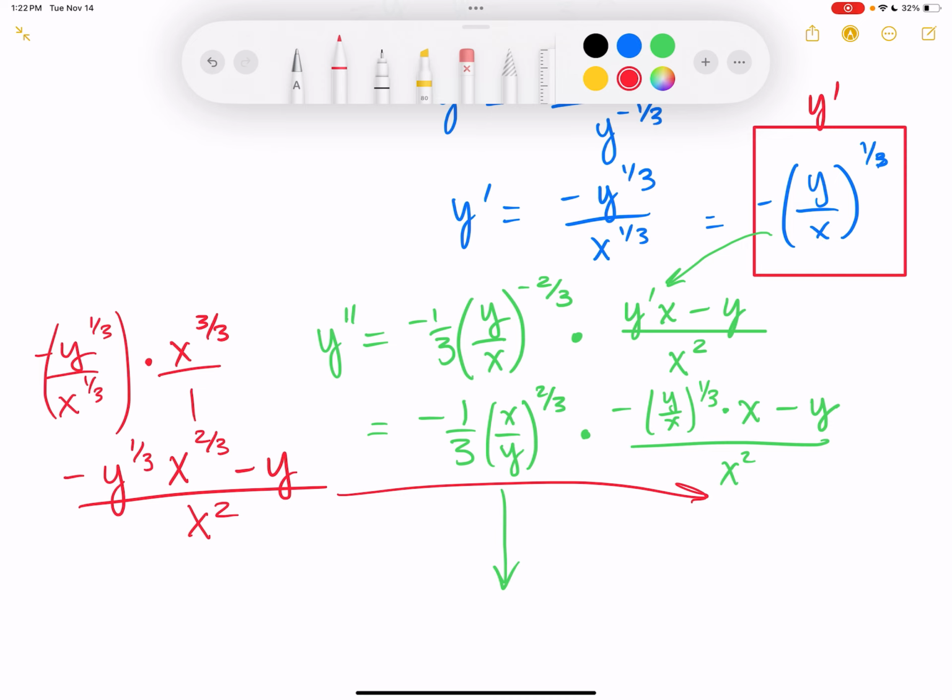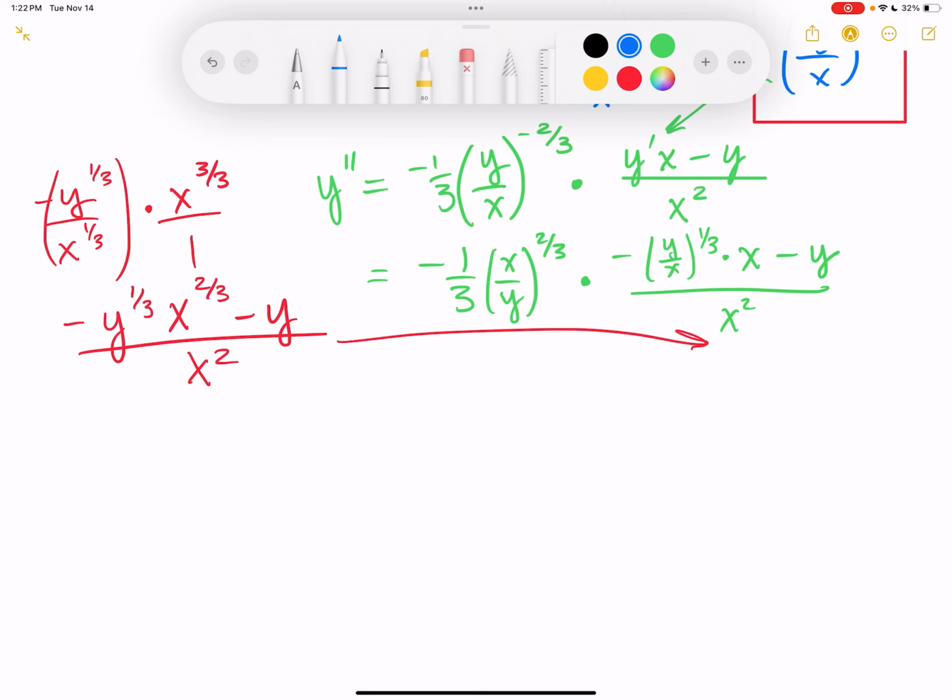Let me just rewrite this because it's getting a little chaotic. So this would be negative 1/3 times x over y to the 2/3. I'm going to write each piece to the 2/3 to make life easier in a minute. Times this fraction that I've redone: negative y to the 1/3 x to the 2/3 minus y over x squared.